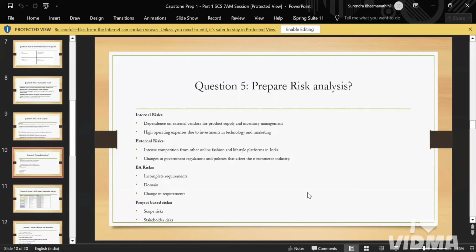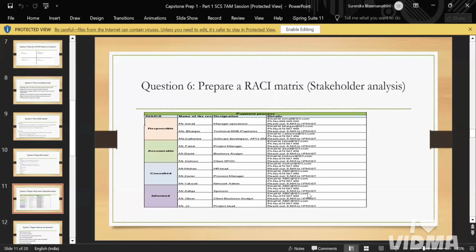So you need to manage those things. You need to complete this project within the timeline. For that, you need to write down all those project risks, whatever is mentioned in the case study. Okay, this is the risk analysis, the fifth question we need to complete.